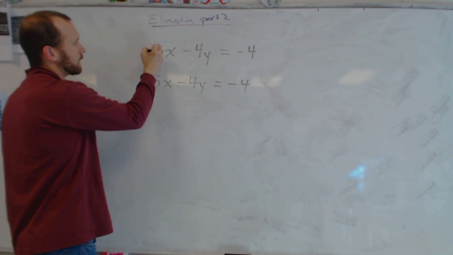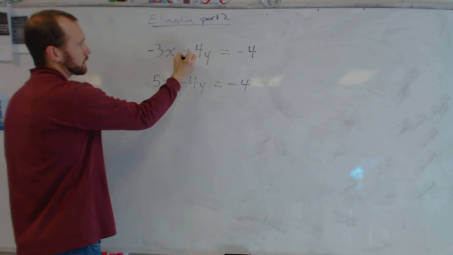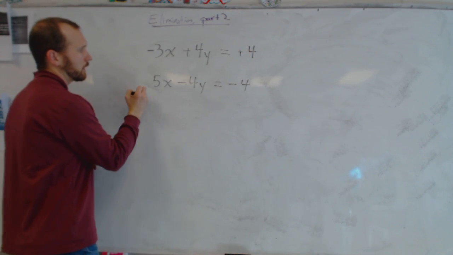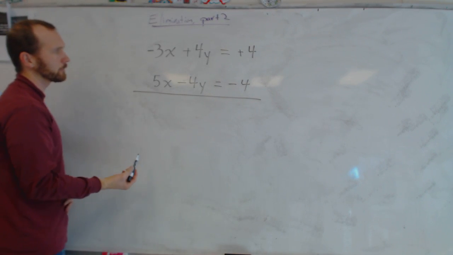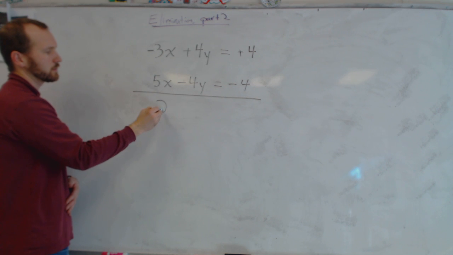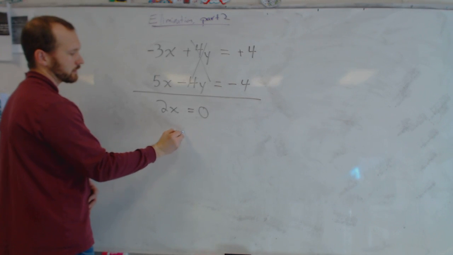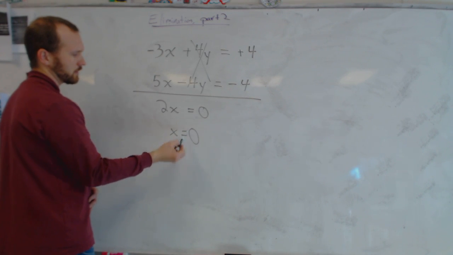So we have negative 3x plus 4y equals positive 4. Add those together, what do we get? Negative 3x plus 5x is 2x. The y drops out, and it equals 0. So x equals 0.